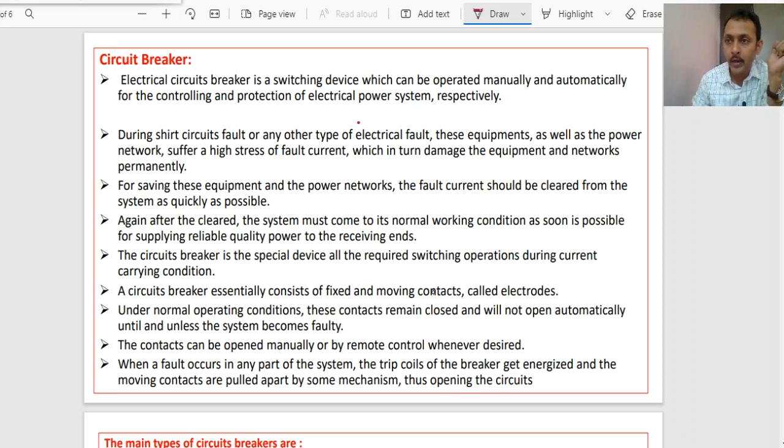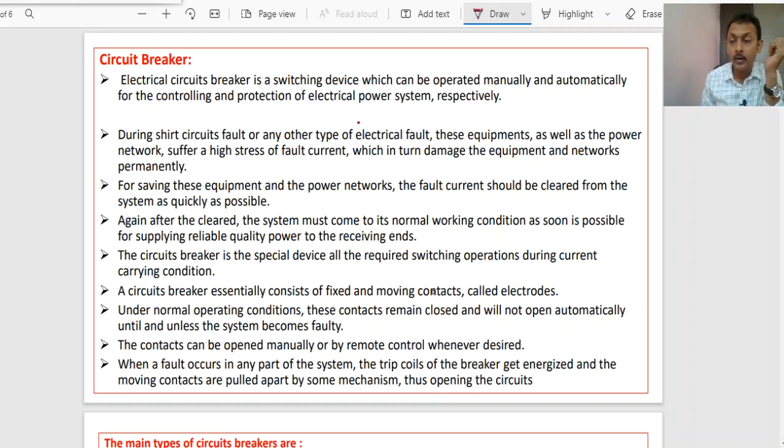So in order to protect the equipment from short circuit currents, overload currents or any fault conditions, this circuit breaker will be helpful.